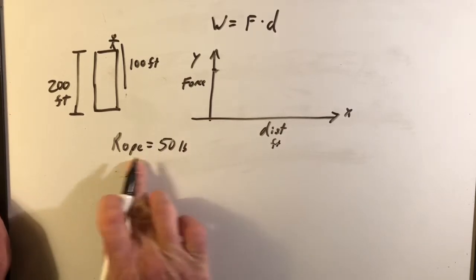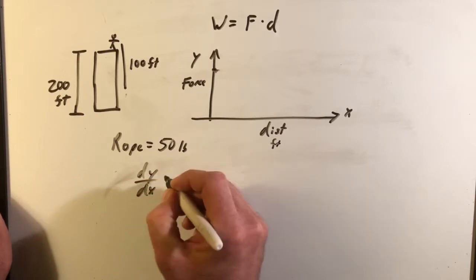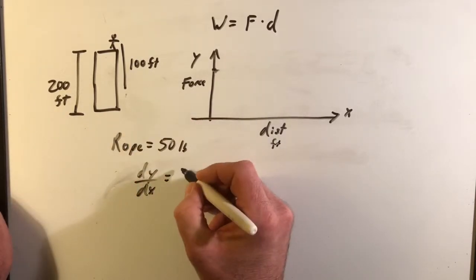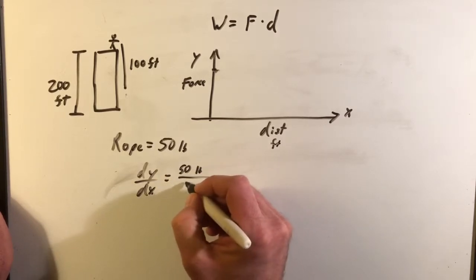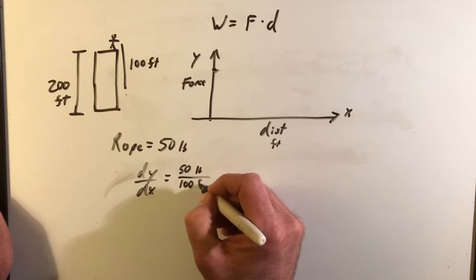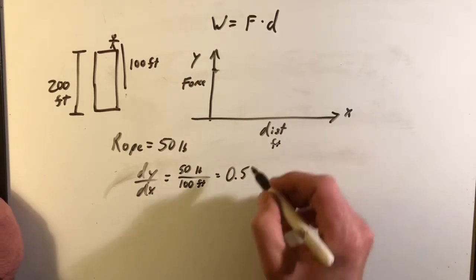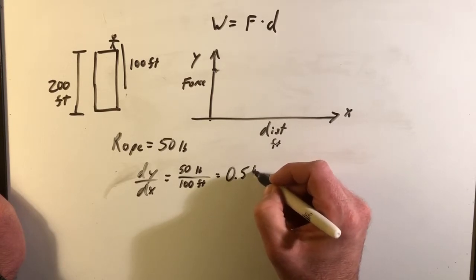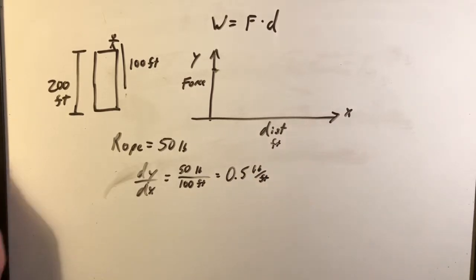So dy/dx would equal 50 pounds per 100 feet, which is 0.5 pounds per foot. Sometimes they give you that directly in the problem too.